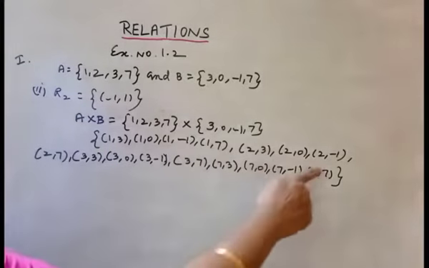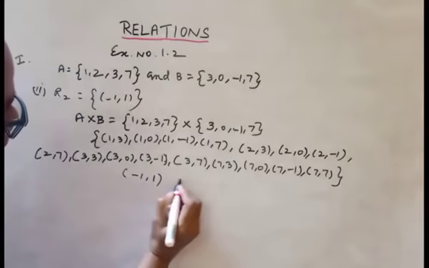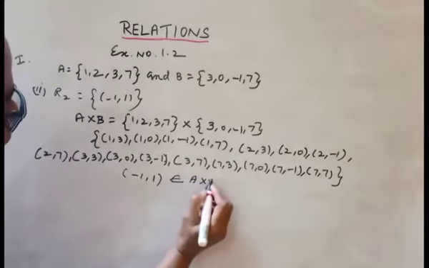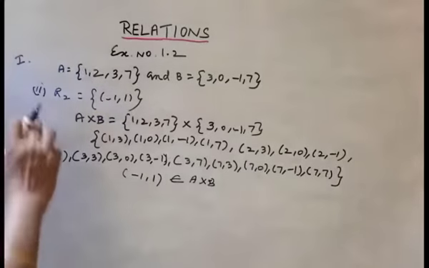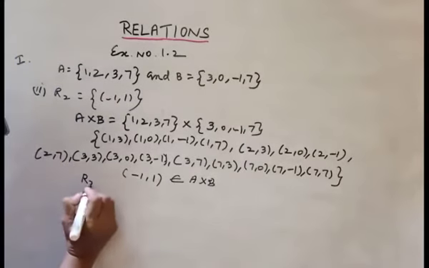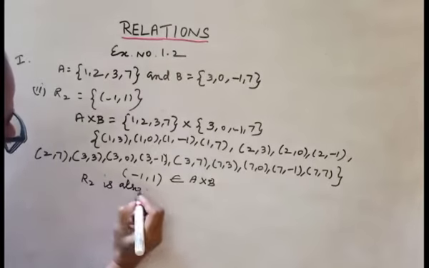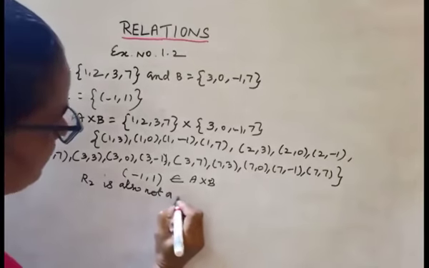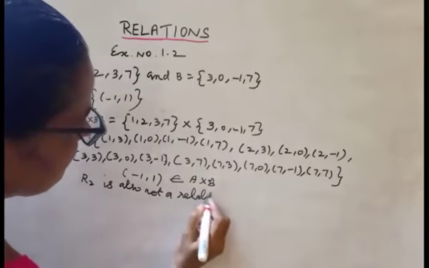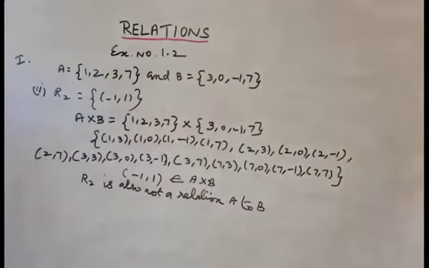No. So (-1, 1) does not belong to A cross B. So R2 also is not a relation from A to B.